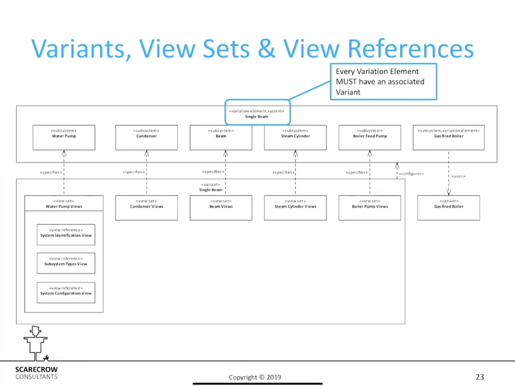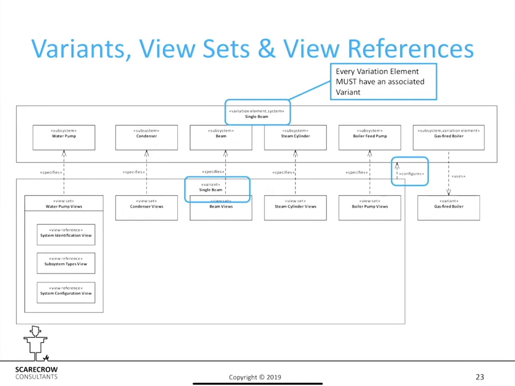The variation element has a variant associated with it, and the variant is the thing that essentially identifies the bits of your model, in terms of the views that you've created, that might need exporting out when you are pulling that variation element out of your model.